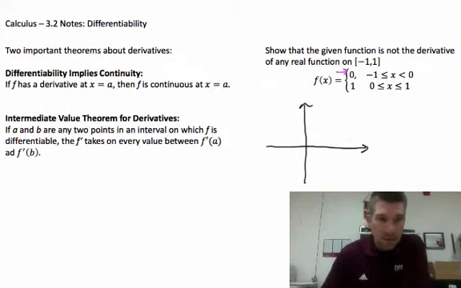So let me give myself some coordinates here. -1, 1, 2, -2. So here's what I've got going, and then if I go from -1 to 0, I have a line that looks like this.